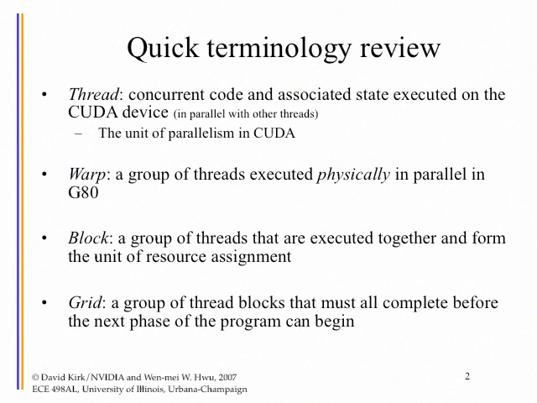Okay? And a block is a group of threads that are executed together and can share memory on a single multiprocessor. Remember, there are up to 512 threads in a block, right? And there are 32 threads in a warp, so there are up to 16 warps in a block. And when we come to resource utilization, these are important numbers to remember, and we're going to come back to this point. A grid is a group of thread blocks that execute a single CUDA program.